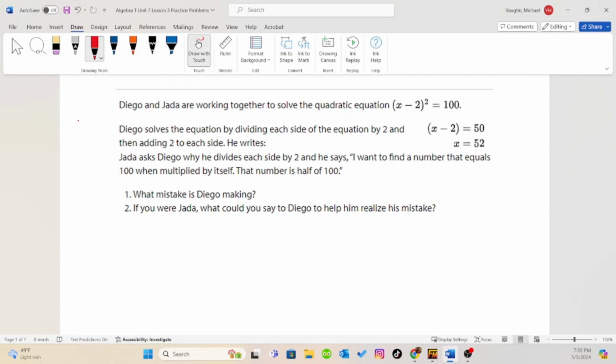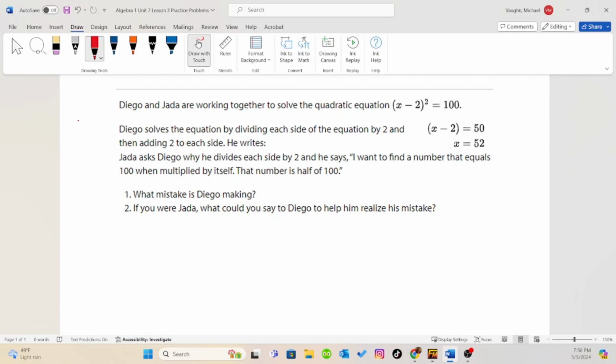He writes x minus 2 equals 50 and then x equals 52. Jada asks Diego why he divides each side by 2, and he says, I want to find a number that equals 100 when multiplied by itself. That number is half of 100. Number 1, what mistake is Diego making?